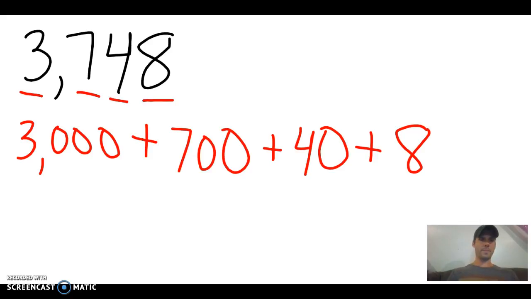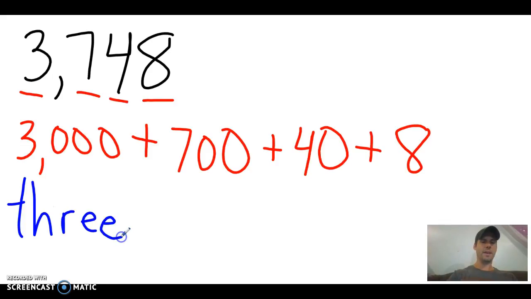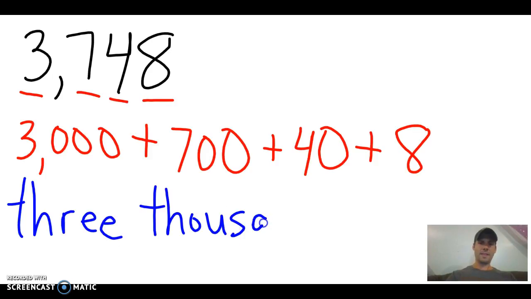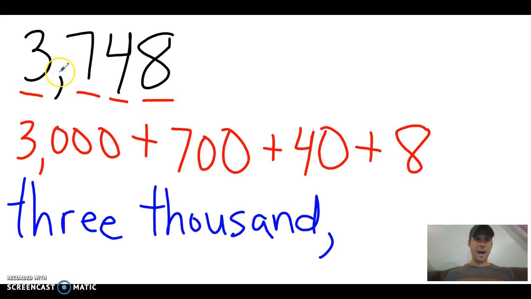The last form is word form. With word form, you write that number using words. In this number, you would start by writing it just like you say it: 3,000. Friends, I think this is so cool. When you get to the thousands place, you put a comma, just like you've got up here in standard form. The comma comes right when you say thousand. So in this case, it's 3,000, and the comma follows right after that.